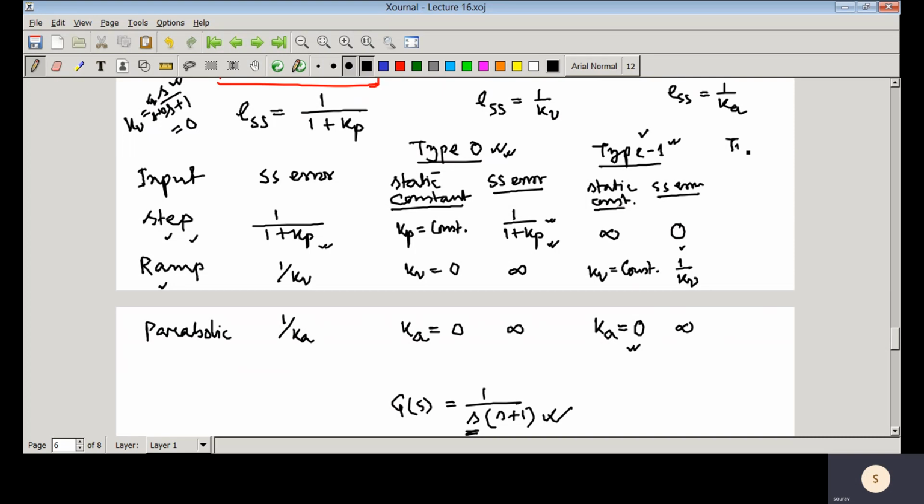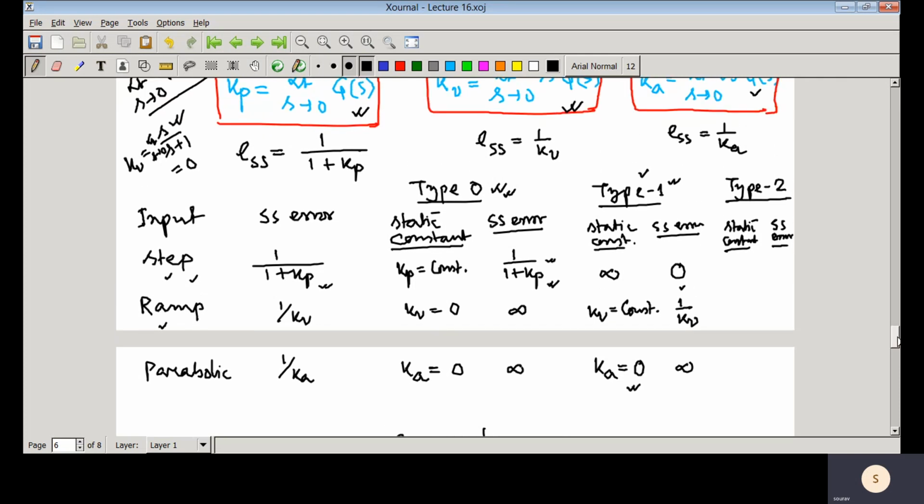Now if we go for a type 2 system, so then what is that static constant, and here you have the steady state error. This is the type 2 system.